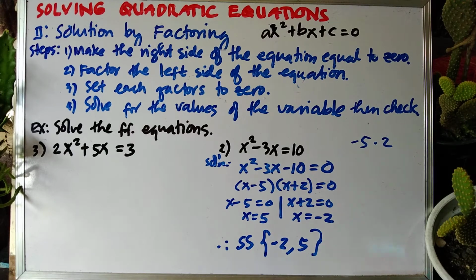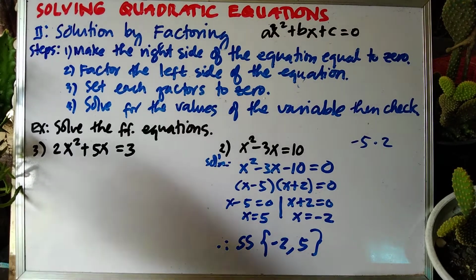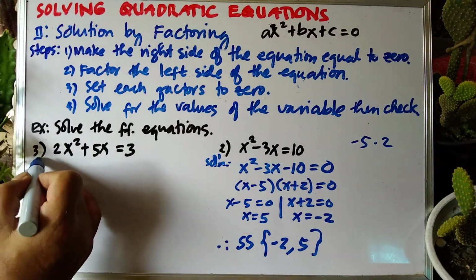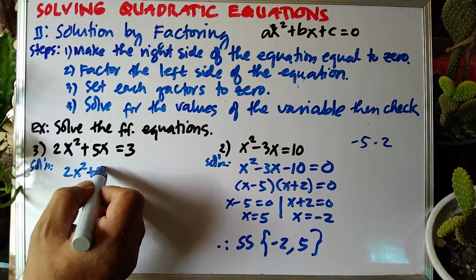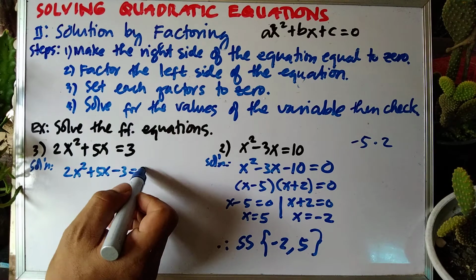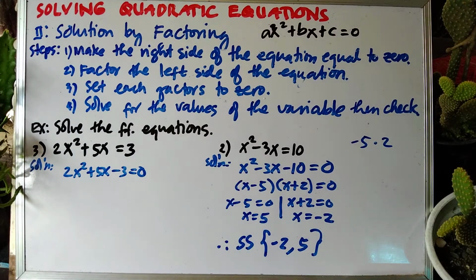So first step, what will we do? What will we do there? Okay, we transpose 3 to the left side. Step 1. This is 2x squared plus 5x minus 3 is equal to 0. Okay? That is our step 1.